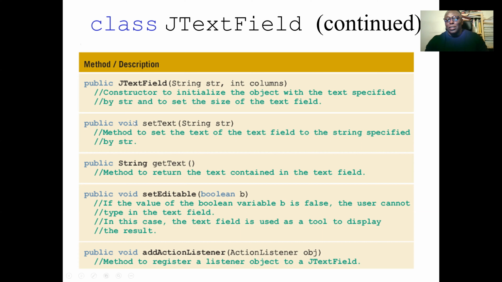So you can see that the label, the JTextField, everything always, the argument is a string. So if I want to do a calculation, I cannot do it on a string. So what I'll do is I'll use the method getText to get the text from whatever the text field name is. Then I'll convert it from string to either int or double or float. Then I'll do my calculations.